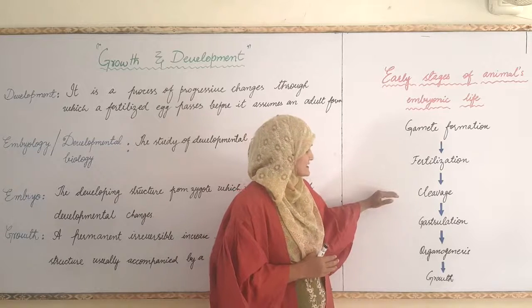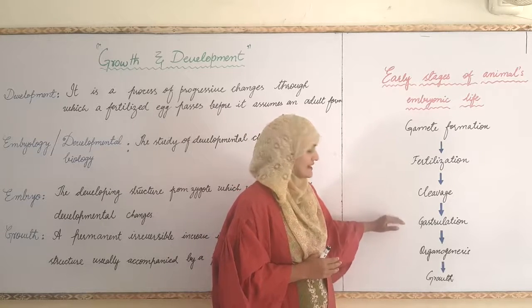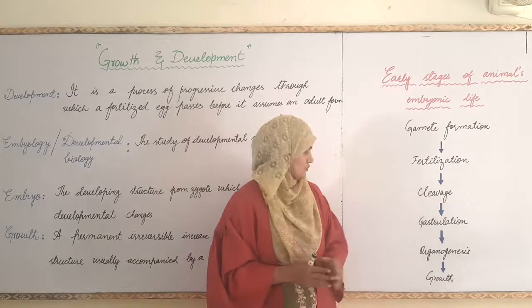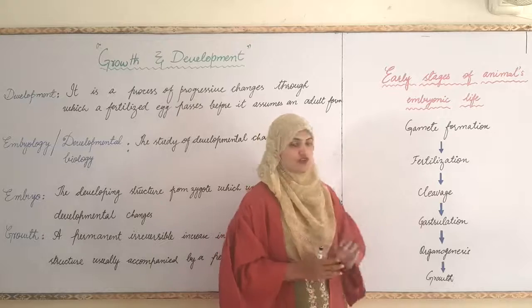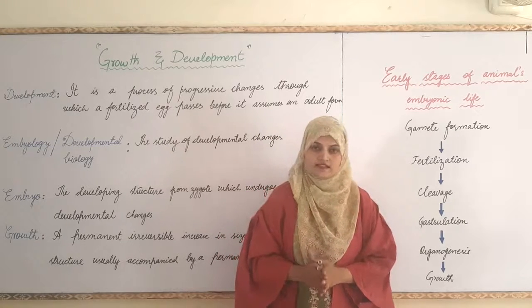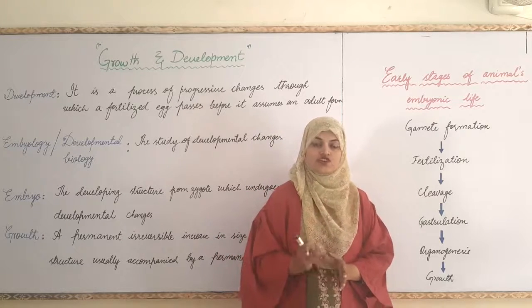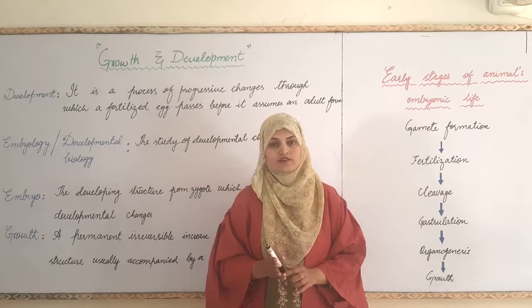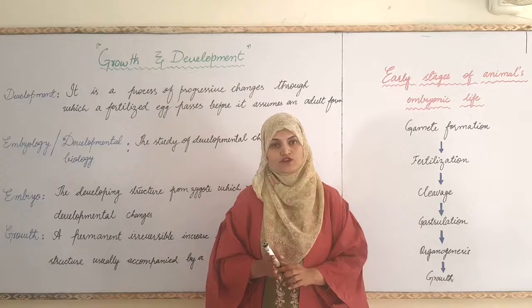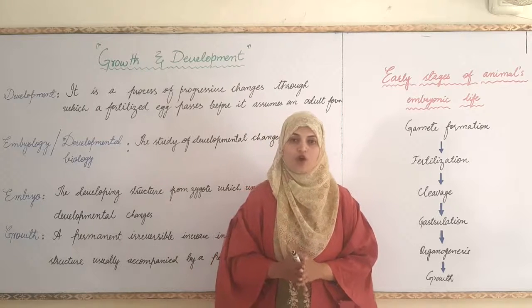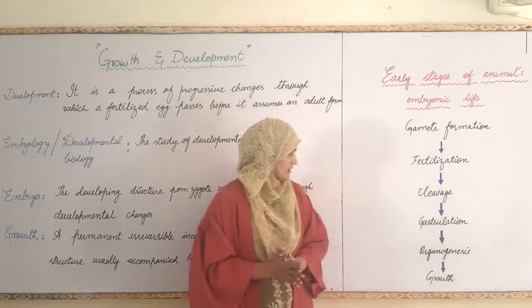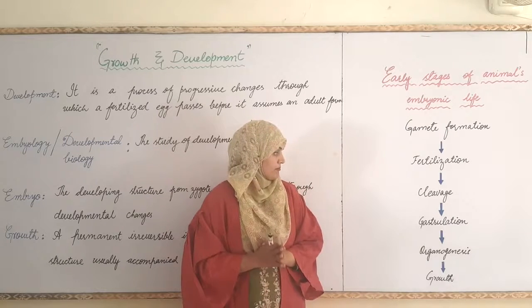These specific cells then arrange themselves in the stage which is termed as gastrulation. As a result of gastrulation, three germ layers are formed, that is ectoderm, endoderm and mesoderm, by which various organs of the body are formed.